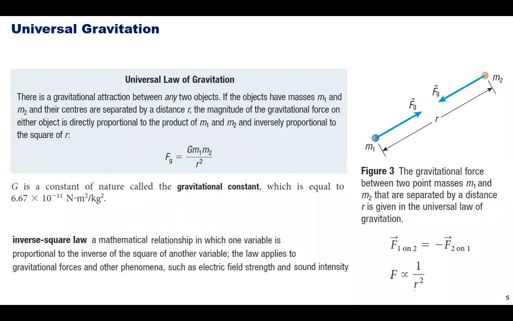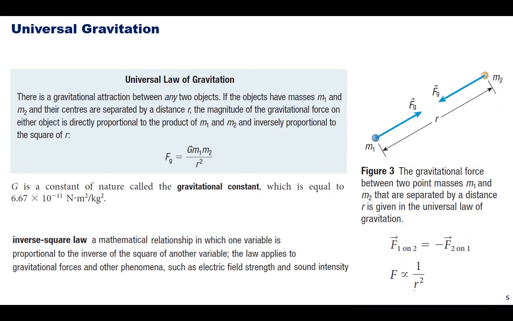This fact had a profound effect on how people viewed the universe. Second, the law provided us with an equation to calculate and understand the motions of a wide variety of celestial objects, including planets, moons, and comets.